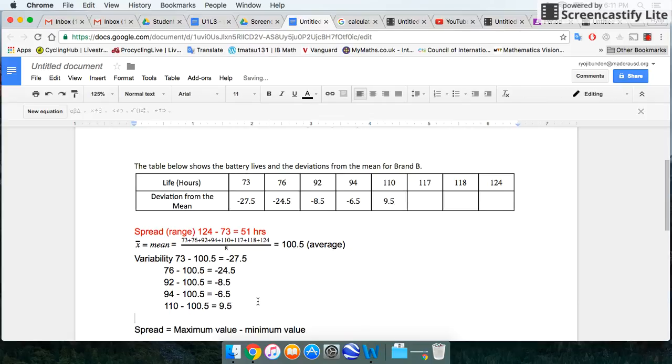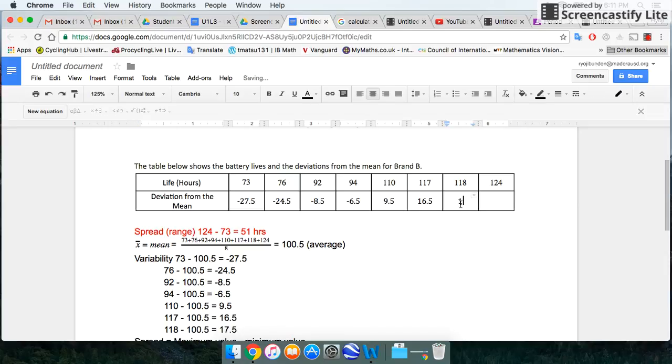Right, next one, 117 minus 100.5 equals 16.5. So this one lasted 16.5 hours more than the mean. Next one, 118 minus 100.5 is 17.5.